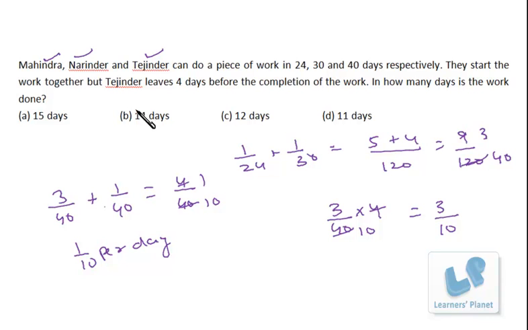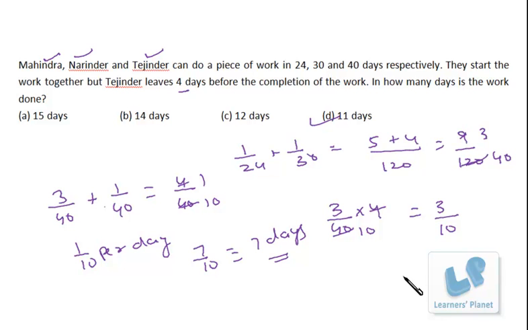And before leaving, Tejinder, Mahinder and Narinder have finished 7 by 10 of the work, isn't it? So if they are doing 1 by 10 work per day, that means 7 by 10 work will take 7 days. Okay, now these 7 days and this 4 days in all, the work will take 11 days to get completed. I hope you are clear.